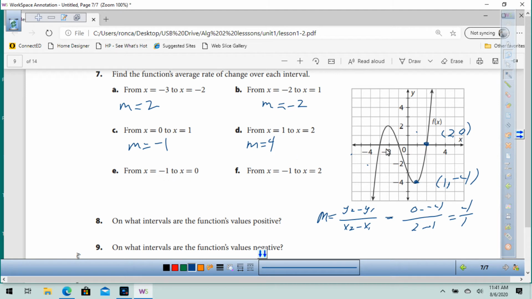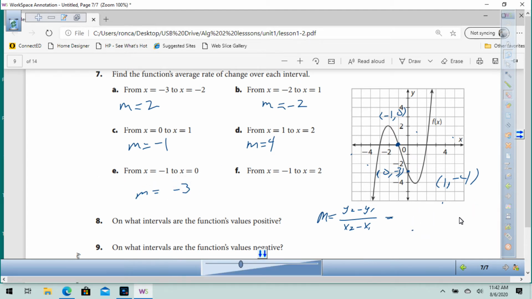Now there's another way to do it too. We got negative 1 here, and to 0. All right, so we've got negative 1, 0, and we got 0, negative 3. You could go down 1, 2, 3, over 1, so that's going to be m equals negative 3.